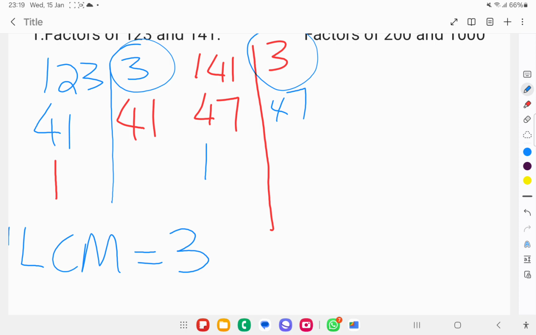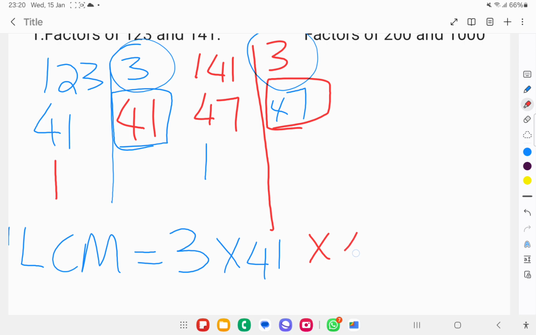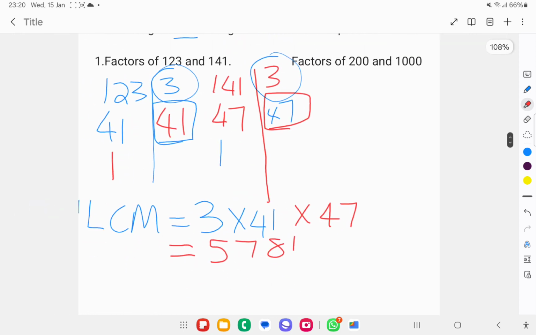So now we are going to multiply the 3 with the 41 here. Say 3 times 41, and then we multiply it by the 47. And then that is our LCM, which is 5,781. So that's the first example.